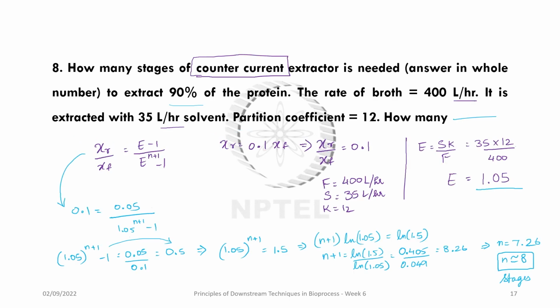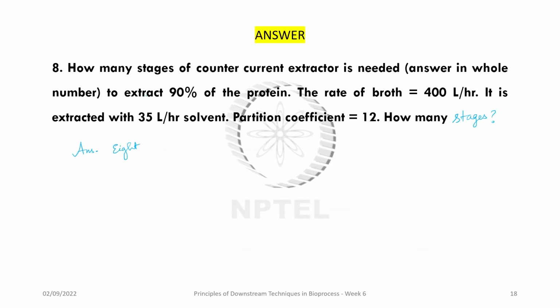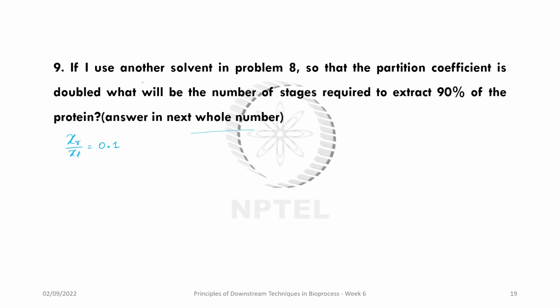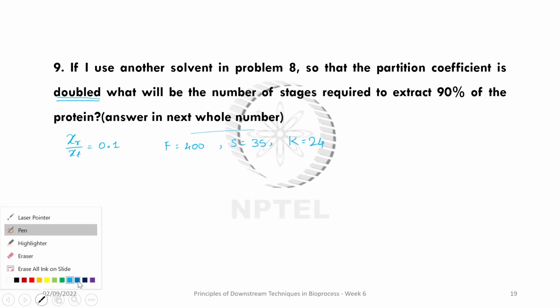F, S and K, 400, 35 and 12 from the previous problem. F is 400, S is 35, K is doubled, right? So K is 24.